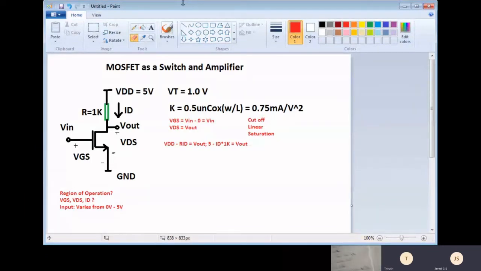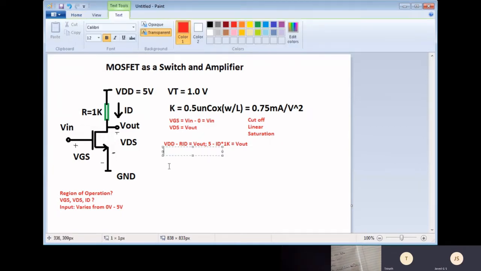That one, actually I have taken one condition, sir, that VDS should be greater than VGS minus VT. In that I placed that VDS value, and I found the VGS condition.